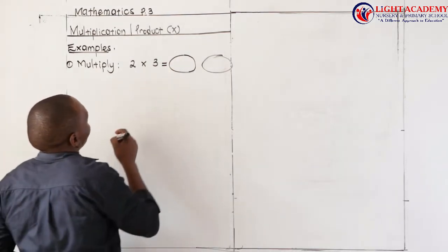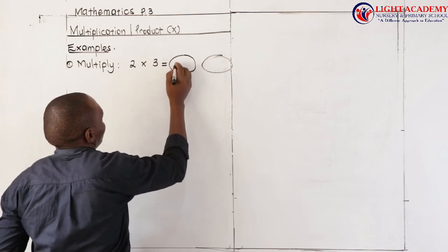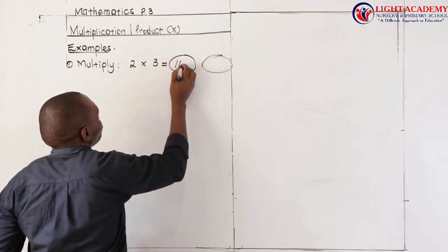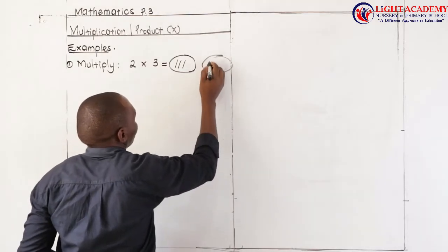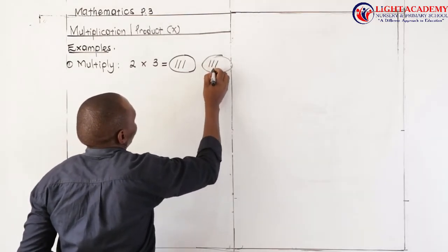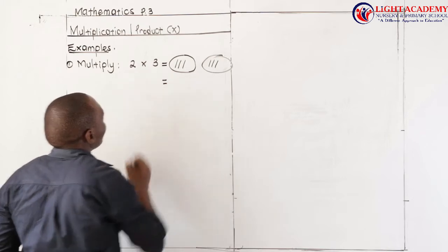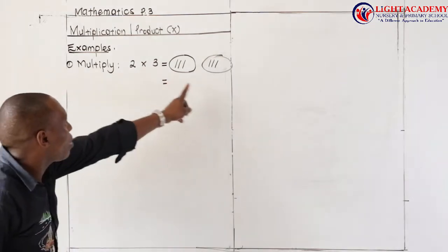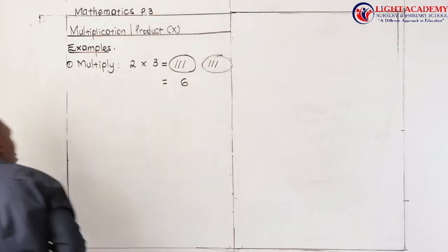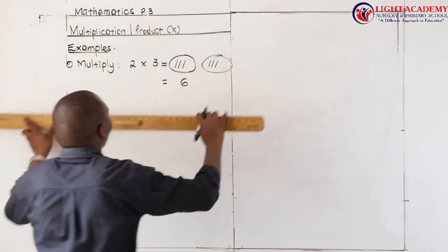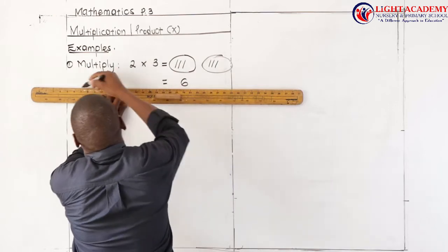So I'm going to use the sticks. In the first group I will put 3 sticks: 1, 2, 3. In the second group I will also put 3 sticks: 1, 2, 3. So together, to get the answer, you would count all of them, and the answer would be 6. This is what you did in Primary 2, okay?